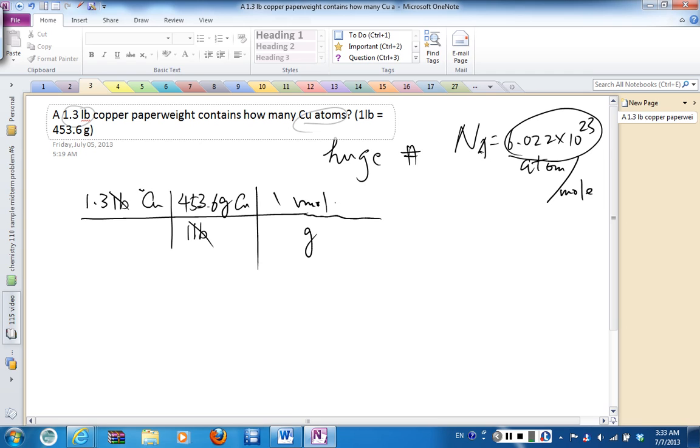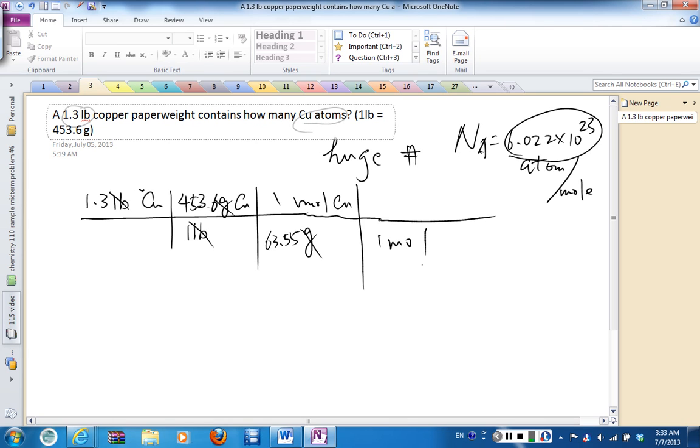1 mole of copper is how many grams? Well, let's check out a periodic table. The periodic table tells us 63.55 grams. Grams of copper cancel, turn it into moles. Now, each 1 mole.